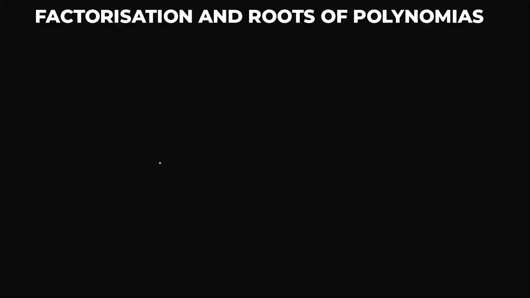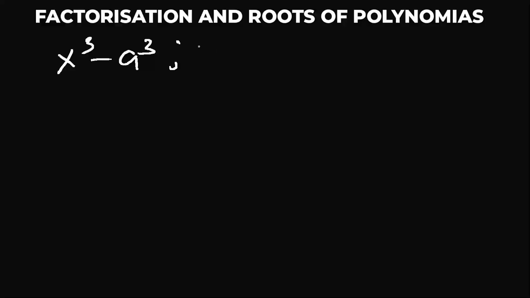Let's take, for instance, that we are given a polynomial x cubed minus a cubed. If I'm asked to factorize it, or to find the roots of this polynomial, how do I go about it? Of course, you have to use your factor theorem first.